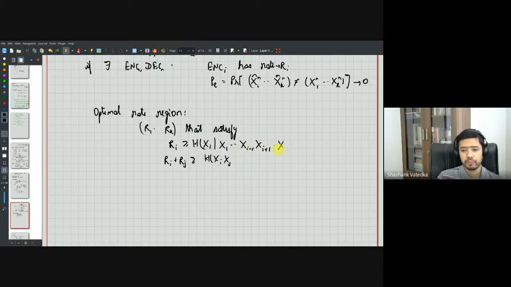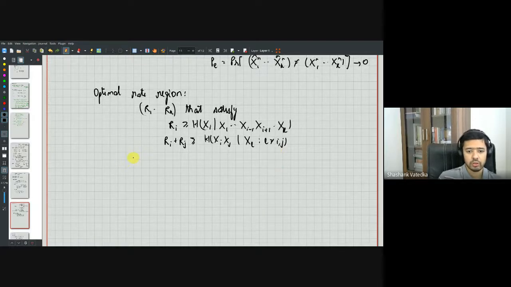So Ri should be greater than or equal to H of Xi conditioned on all the other Xj's. Ri plus Rj should be greater than or equal to H(Xi, Xj) conditioned on all the other Xl's, l not equal to i, j, and so on.